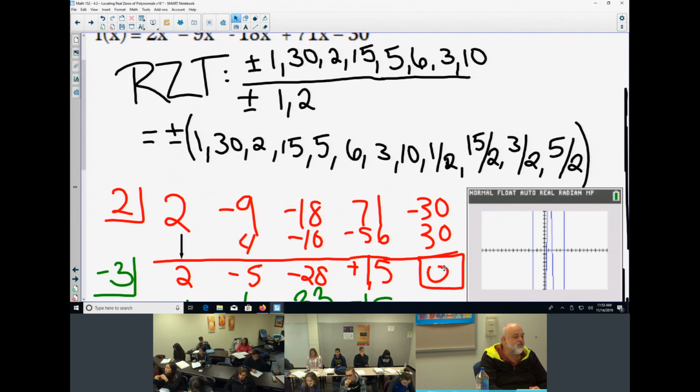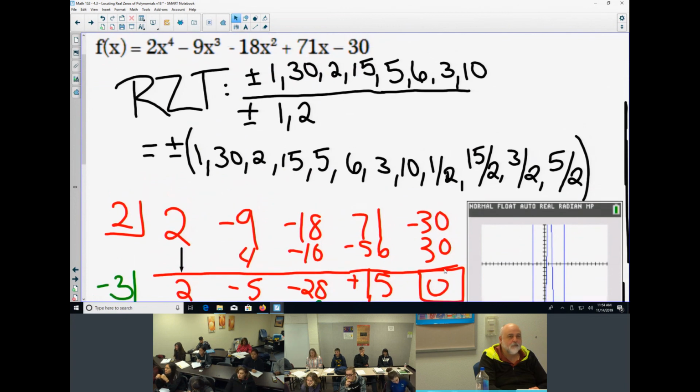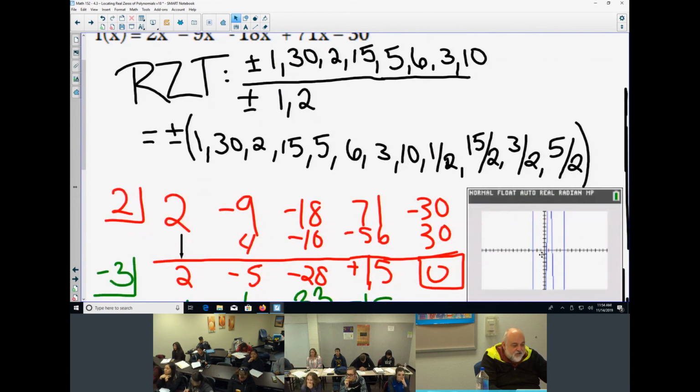How many of them are there going to be for this problem? 4? 4, because it's whatever the highest exponent is, 4. Okay, now, so I've got to find another one. Now here it looks like from the graph maybe -3, and -3 is on my list. So I'm going to try -3.